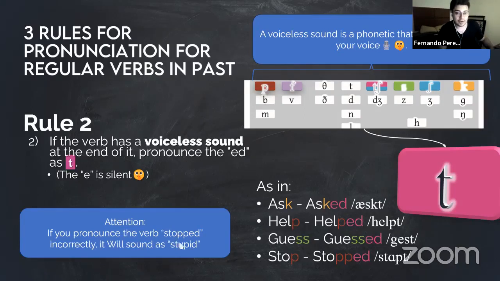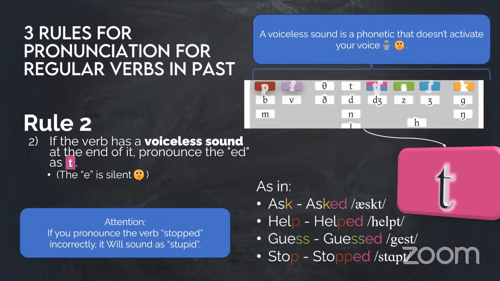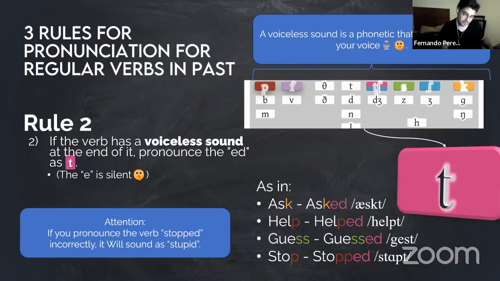You know, if you pronounce stop it, sounds like stupid. Sounds very similar. And you sound like a bad person. So nice people pronounce correctly. Bad people pronounce incorrectly. Are you nice people or bad people? Nice people. Okay. If you are nice people, pronounce correctly.